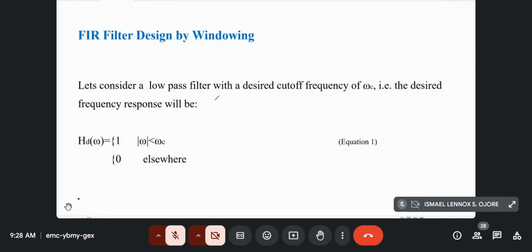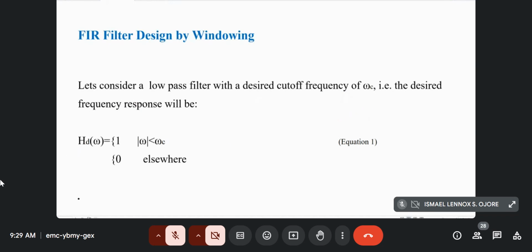So for the filter, we'll do a general example. I'm calling it general because in this case we are not giving the value of omega c, the cutoff. We're just looking at omega c, whatever it is. Let's consider a low-pass filter with the desired cutoff frequency of omega c.